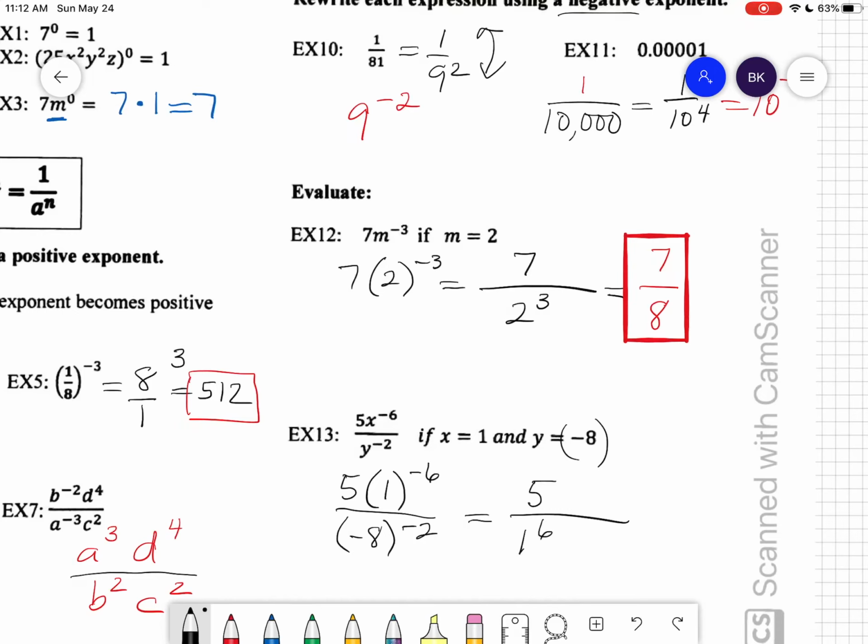And negative 8 to the negative second goes to the top. Base stays the same, exponent becomes positive. I'm going to simplify this even further. 5 times 64. 1 to the 6 is 1. And therefore 320 is your final answer.